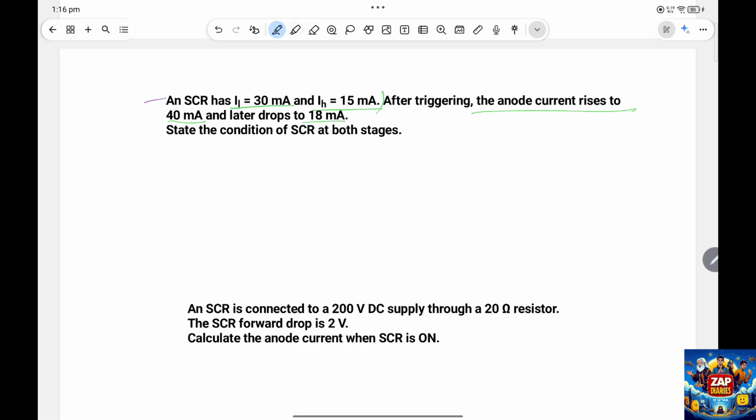So looking at the question, we can make it two stages.